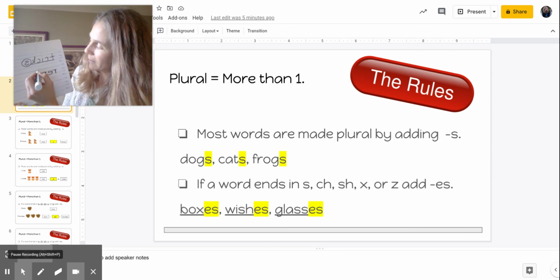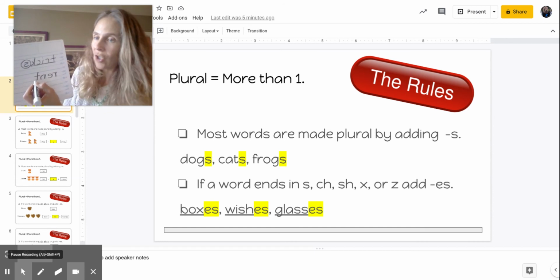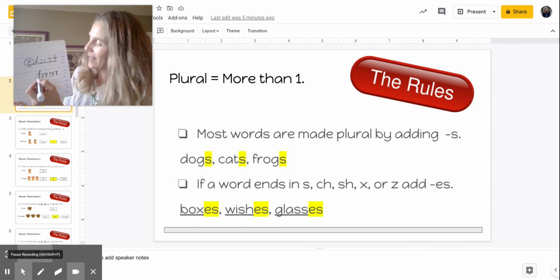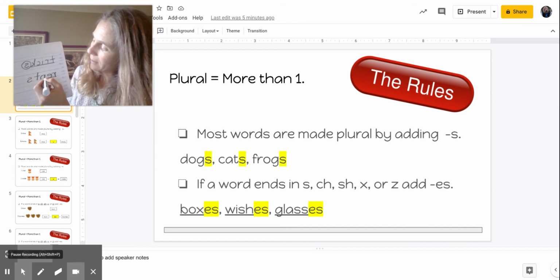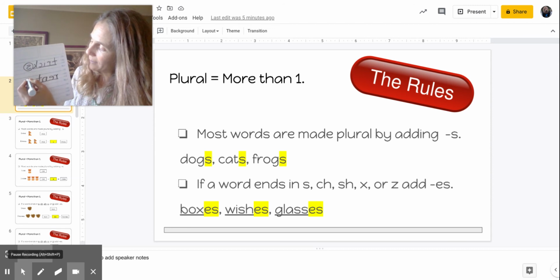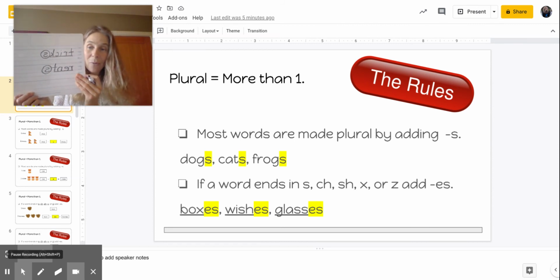R-e-n-t. Now I'm looking. Doesn't end in an S, a CH, an X, or a Z, or an SH. So I'm just going to add an S. And I've got rent. I'm going to circle my suffix. Rents. So yours should look like that.